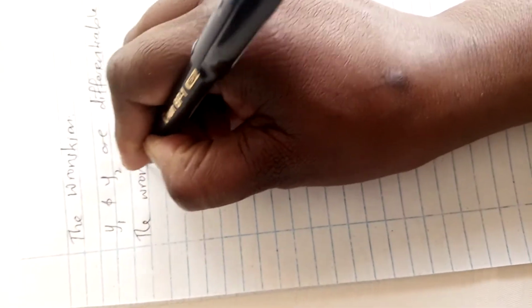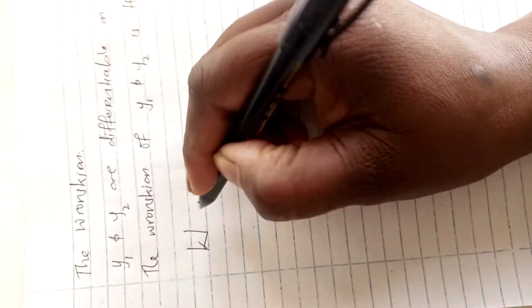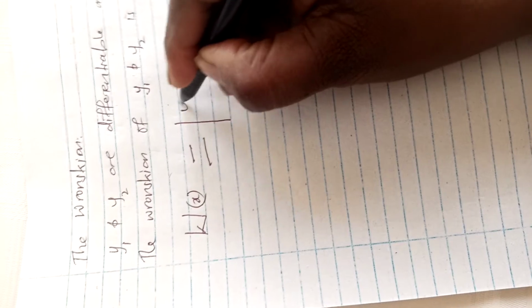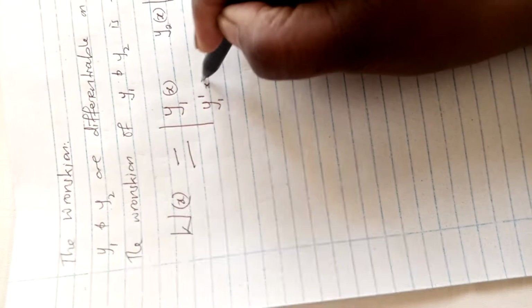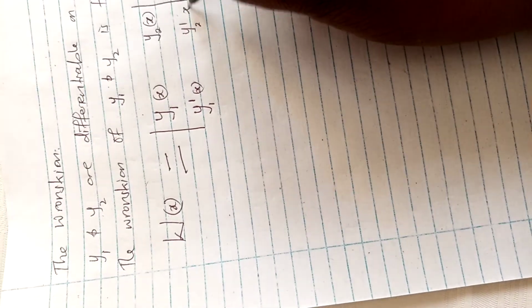Now the Wronskian of y1 and y2 is the determinant. We write W of x to represent the Wronskian, and it is equal to the determinant of y1 of x, y2 of x, which are our two solutions, and y1 prime of x and y2 prime of x.